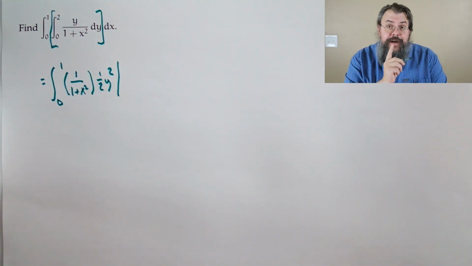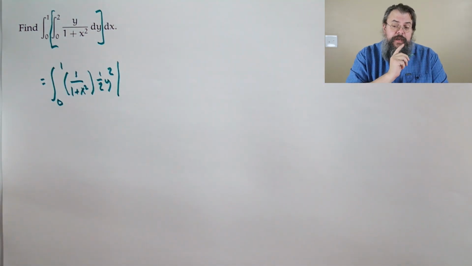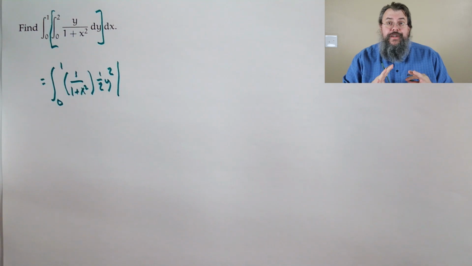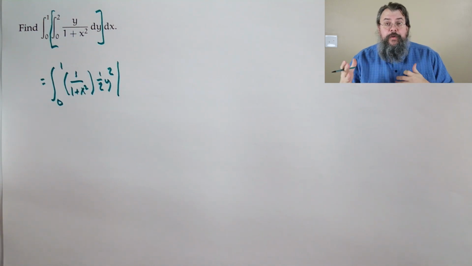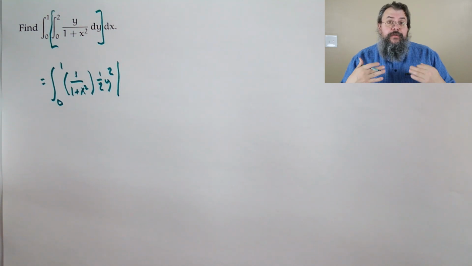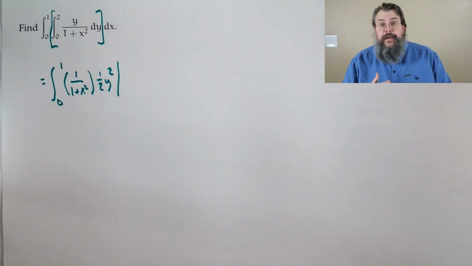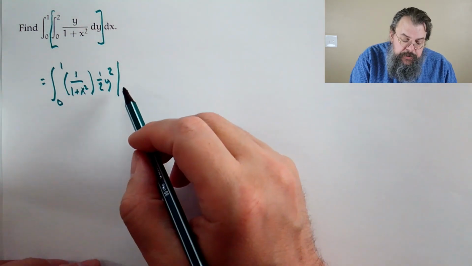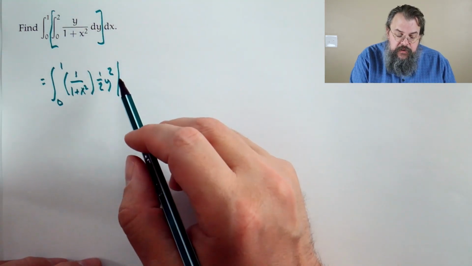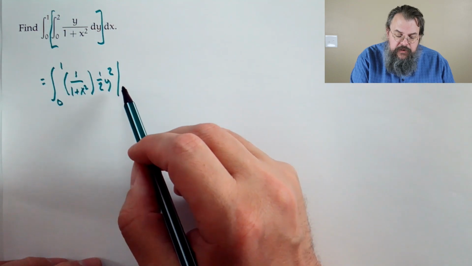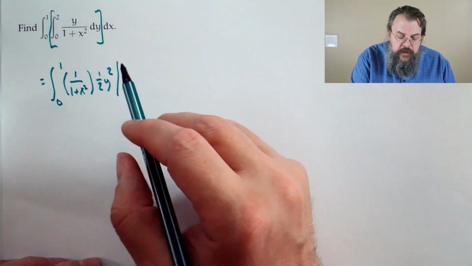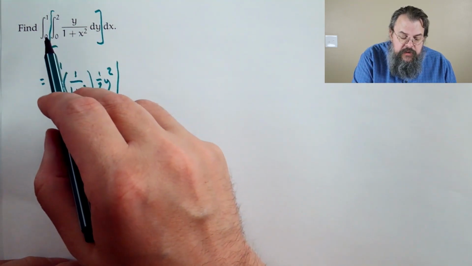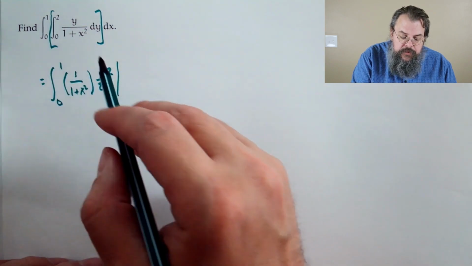Now, here's my suggestion to help keep track of evaluation. Because you have multiple variables in place, you want to make sure that you're evaluating the right variable at the right time. So one way to do that is to, instead of putting 0 to 2 here, because then you're like, wait, do I put the 0 in for the x or the 0 for the y? You can say, look, I know I'm integrating with respect to y. This is really y equals 0 to y equals 2.